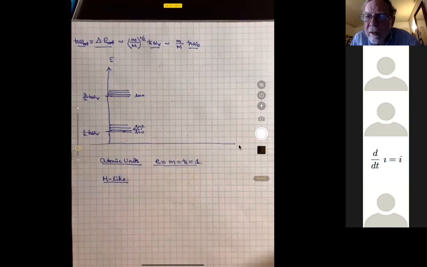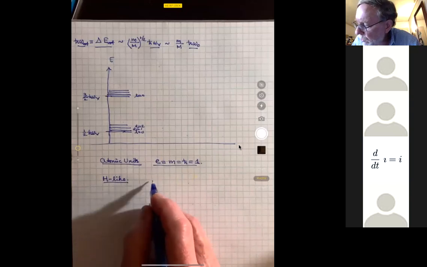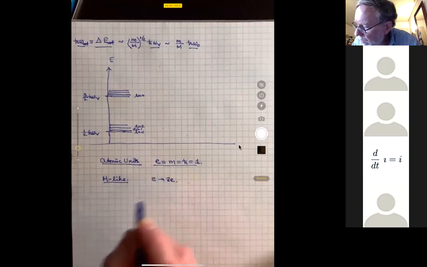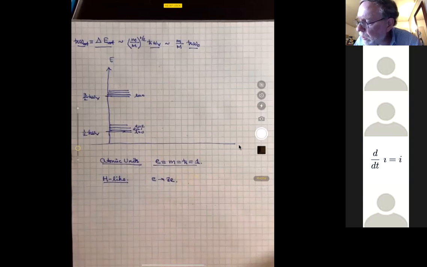A lithium atom with 2 electrons removed is a lithium nucleus with 1 electron. That's called hydrogen-like lithium. So the hydrogen-like atoms are all 1-electron atoms and can be treated by the same formalism. It just means that we're going to have a factor. So the nuclear charge e gets replaced by Ze when we're talking about hydrogen-like atoms. So let's treat them all together by doing that.